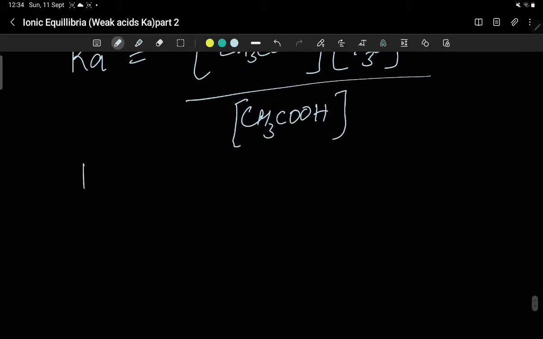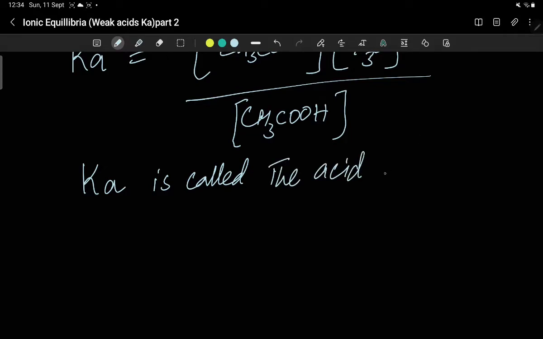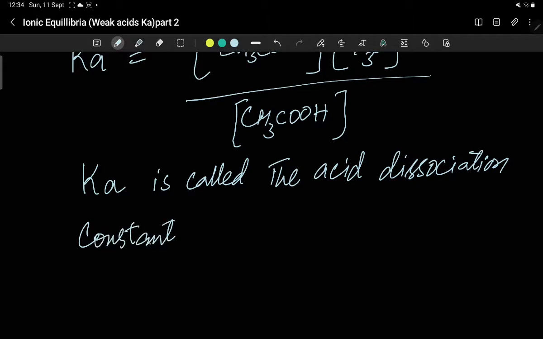Now Ka is called the acid dissociation constant. Its unit is mole dm inverse cube.